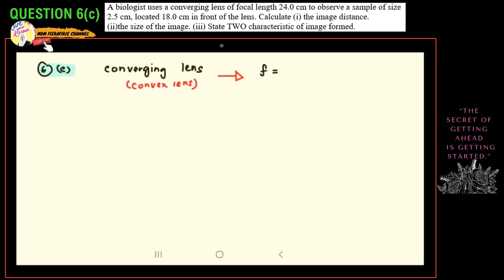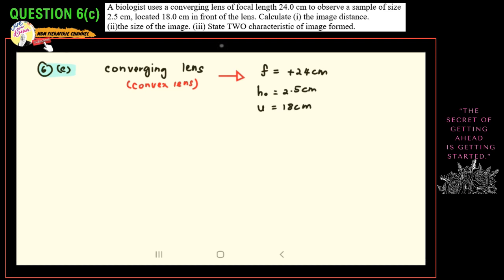It's given that the focal length is 24 centimeter, so positive 24 centimeter. To observe a sample of size 2.5 centimeter. So let's take the size of the object equal to 2.5 centimeter, and the object is located 18 centimeter in front of the lens. So U is equal to 18 centimeter.